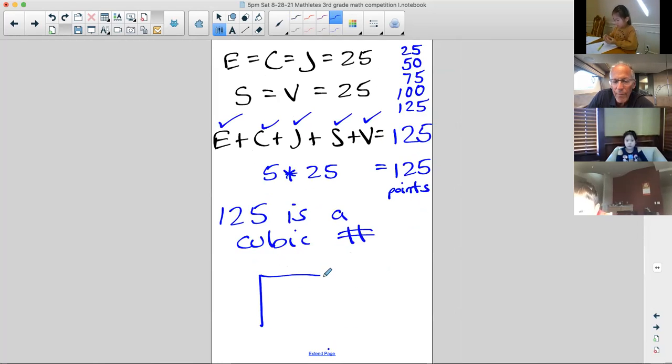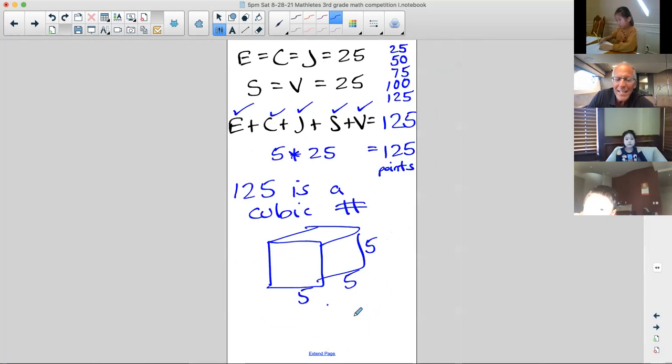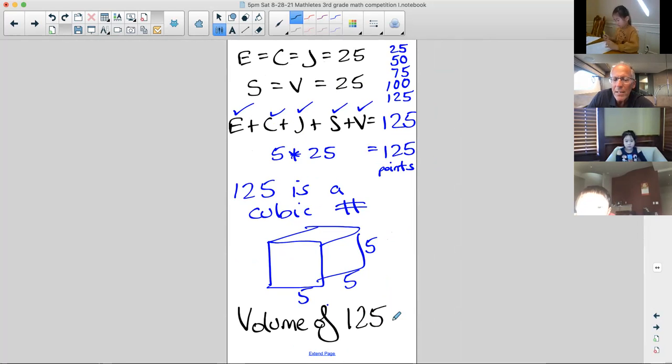Because if you have a cube that is 5 by 5 by 5, it will have exactly a volume of 125 cubic units. And each one of these little cubic units is kind of going to look like this.